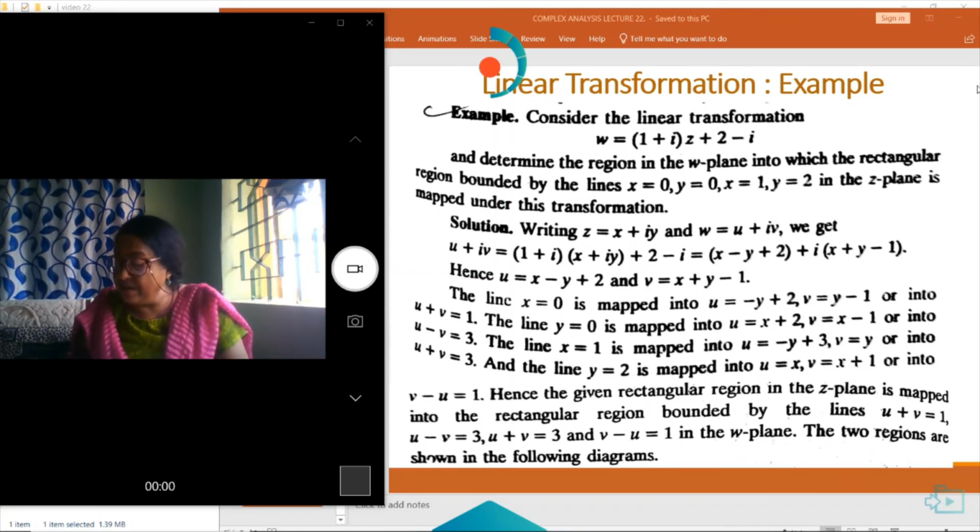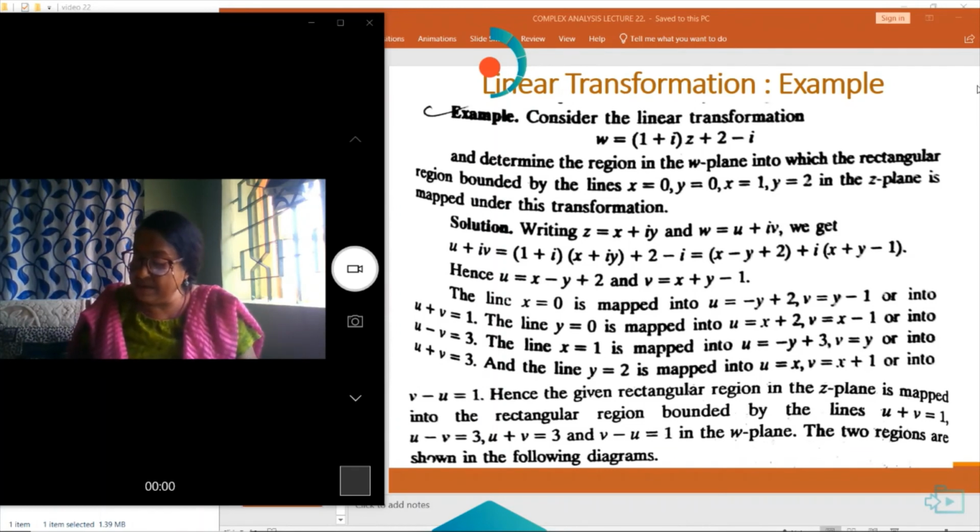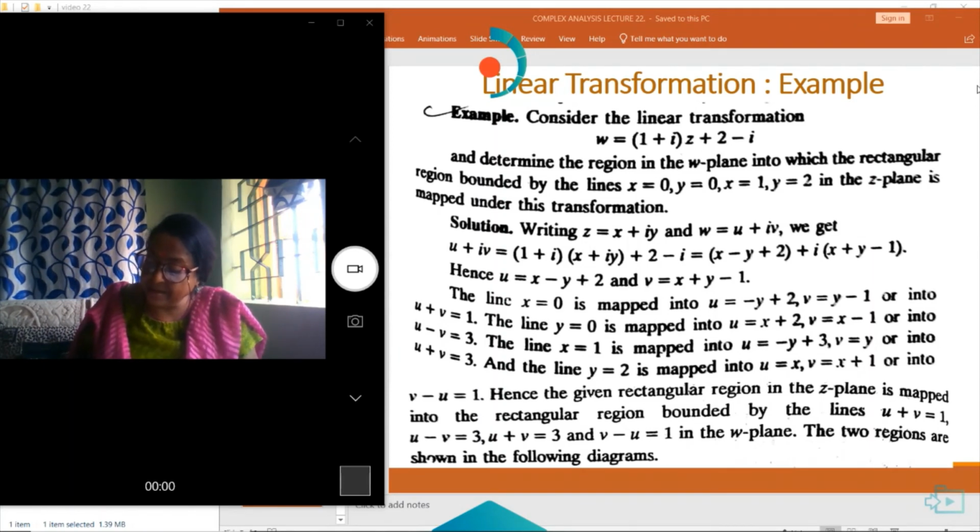Hence, the given rectangular region in the z plane is mapped into the rectangular region bounded by the lines u plus v is equal to 1, u minus v equal to 3, u plus v equal to 3, and v minus u equal to 1 in the w plane.